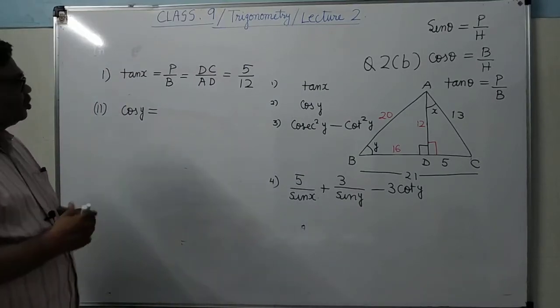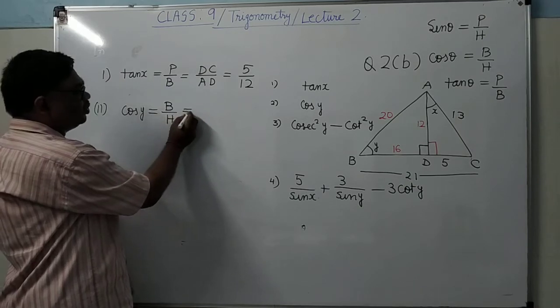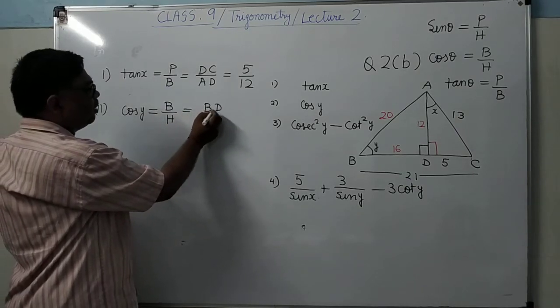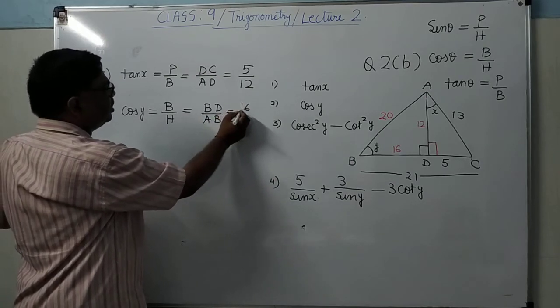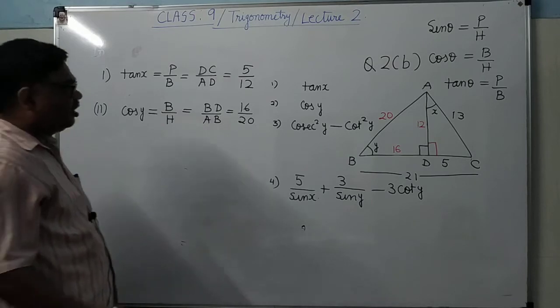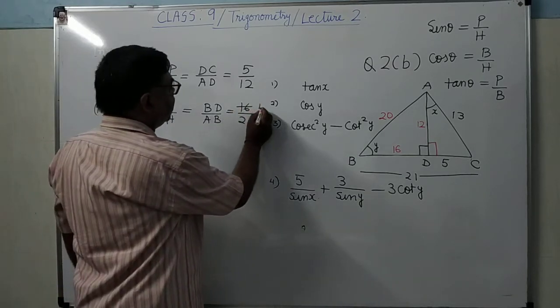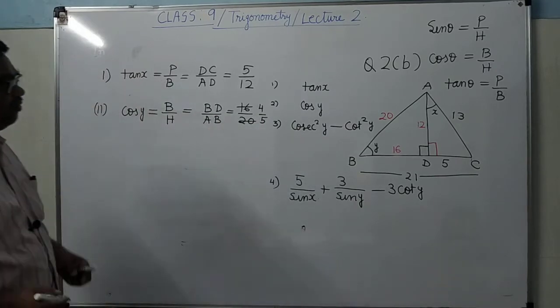It's clear? So cos y is base upon hypotenuse. Base is BD, hypotenuse is AB. So it will be equal to 16 upon 20. That you can simplify further. 4 fours are 16, 4 fives are 20, so 4 upon 5.